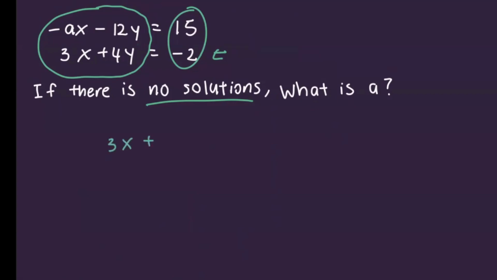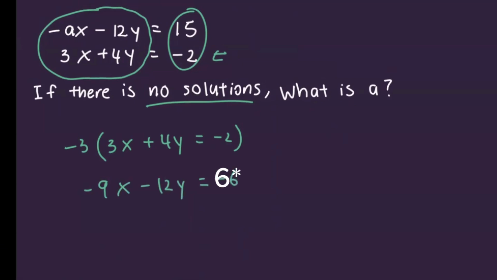So 3x plus 4y equals -2. We'll multiply everything by -3, and we will get -9x minus 12y equals -6. So bringing down our first equation, we can see that a is equal to 9.